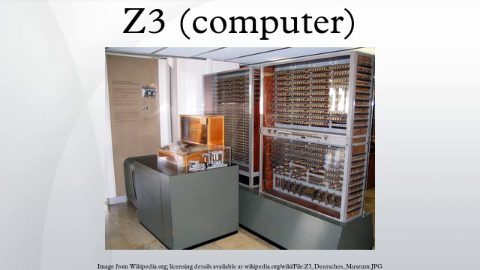Output: decimal floating point numbers. Input and output was facilitated by a terminal that had a special keyboard and a row of lamps to show results. Elements: around 2000 relays. Frequency: 5.3 Hz. Power consumption: around 4000 watts. Weight: around 1000 kilograms.